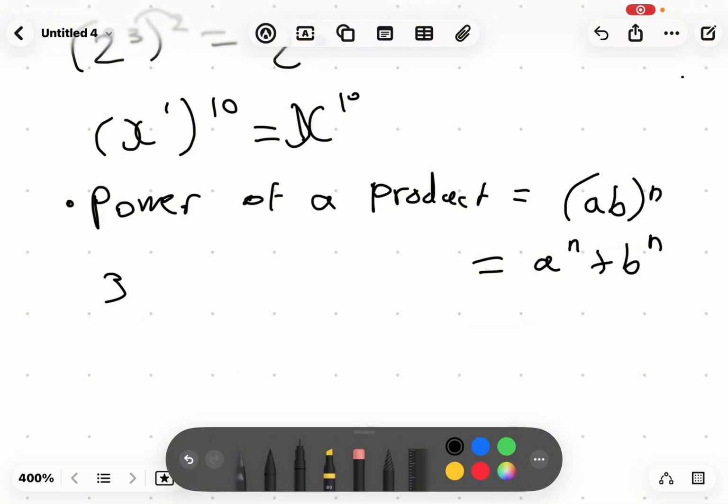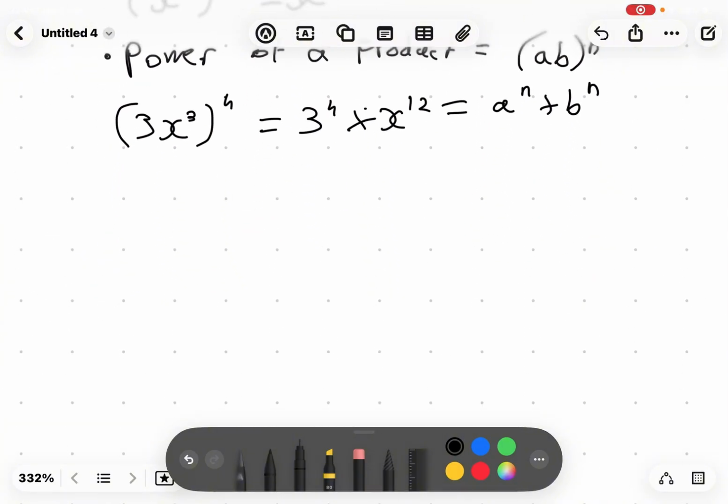Let's say we have 3 times x to the power of 3, all to the power 4. The 3 gets a 4, and x to the power 3 gets a 4, so it's 12. So yeah, it is quite simple.